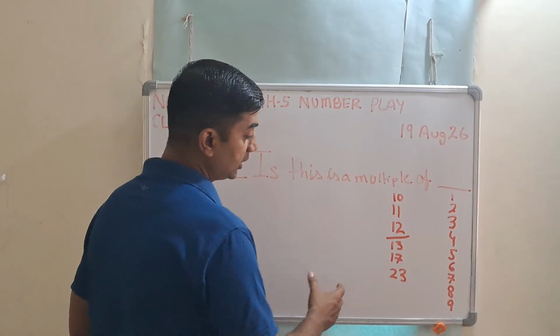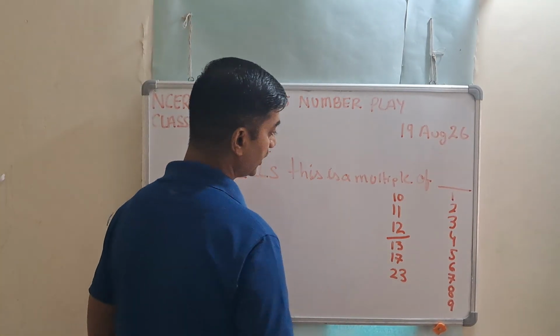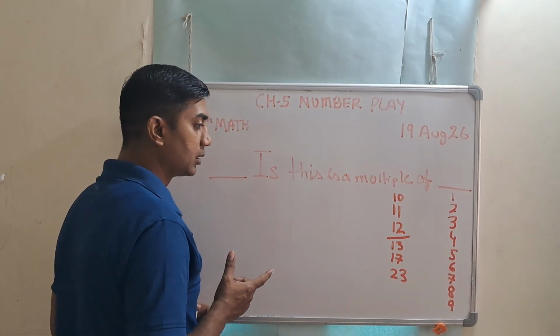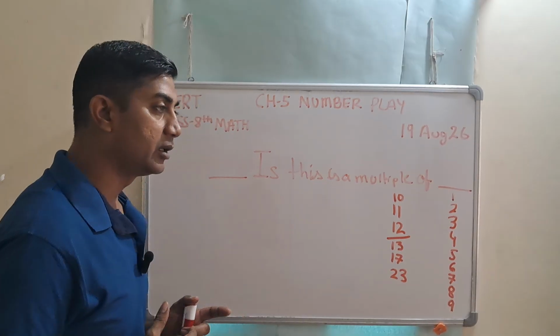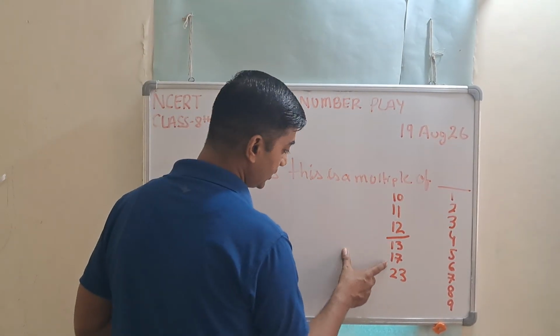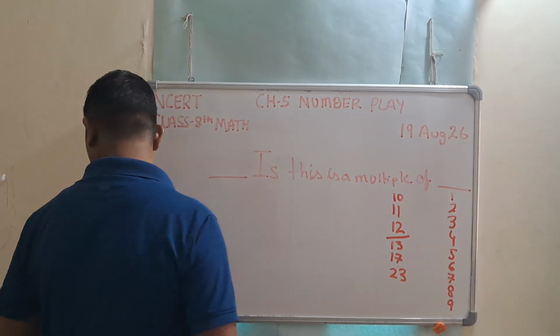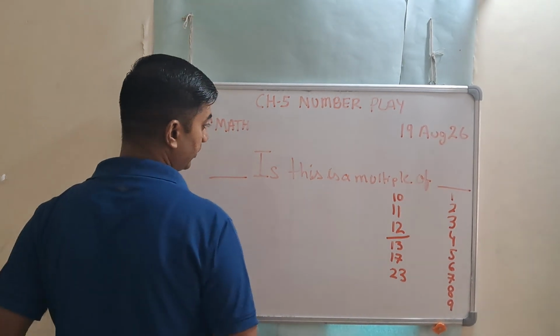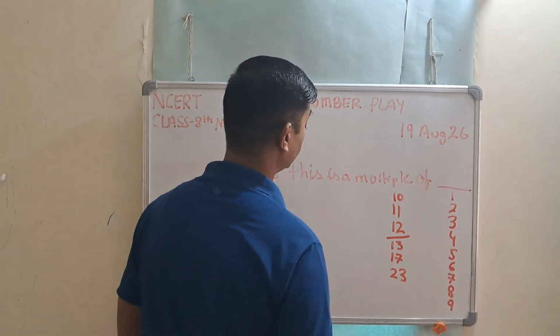Which prime number, you have to check with the trial method or the short method, by dividing that number by these prime numbers. Then you will be certain which number it is a multiple of.